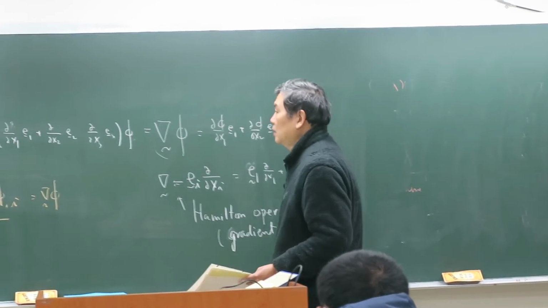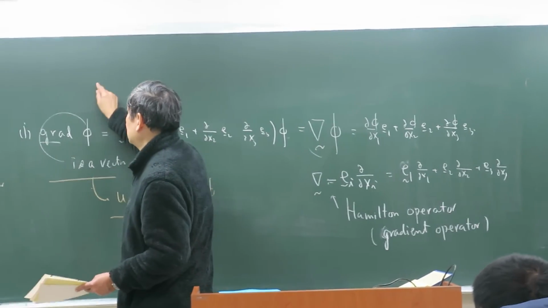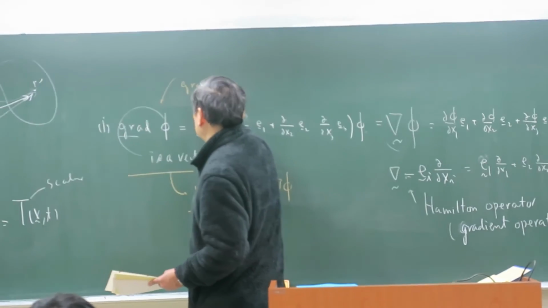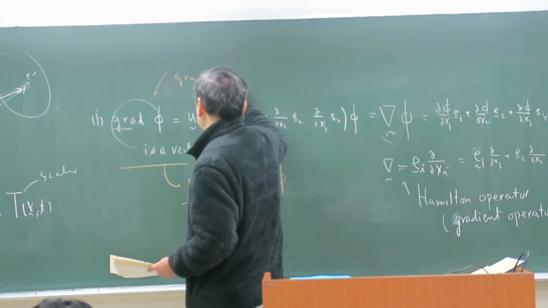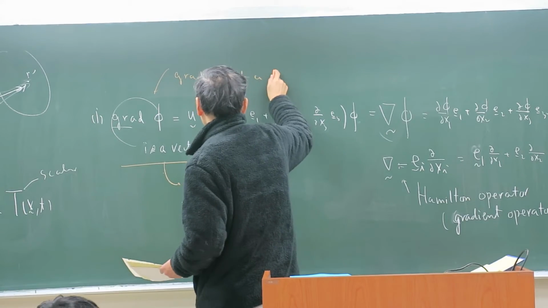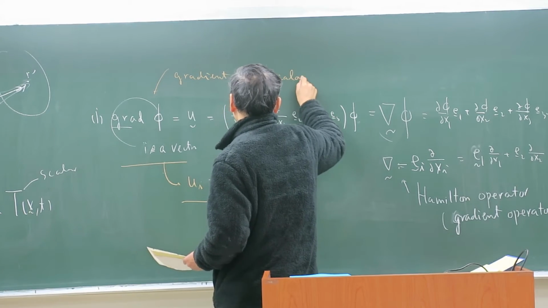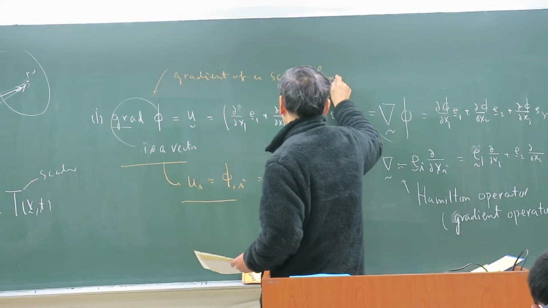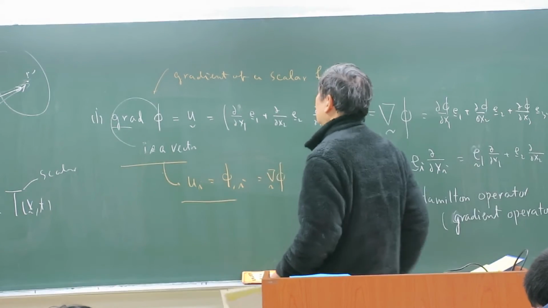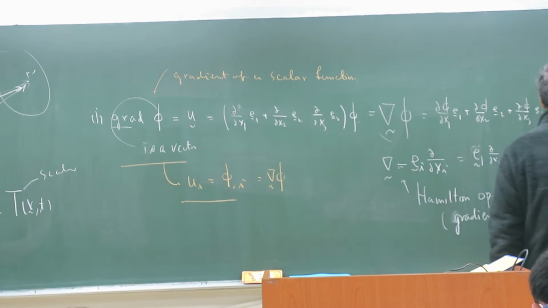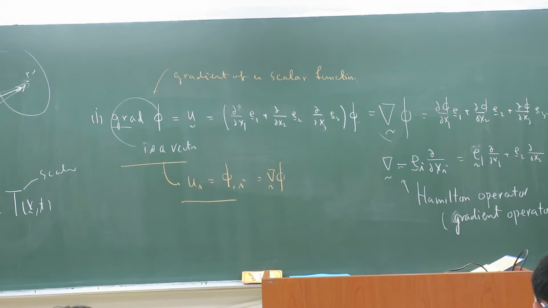So this is the gradient of a scalar function. We also have a gradient of a vector.